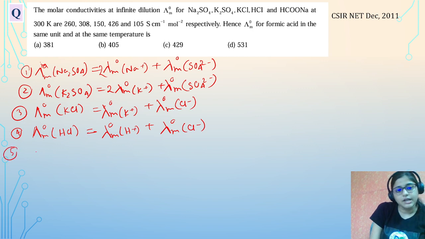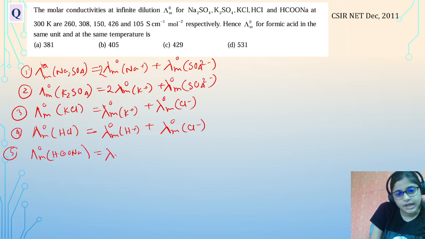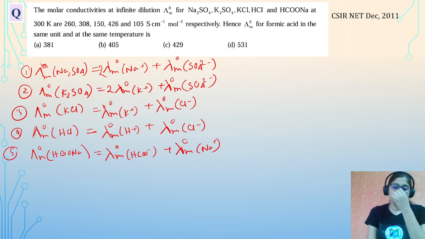The fifth, the last one, is delta M0 of HCOONa equal to lambda M0 of HCOO minus plus lambda M0 of Na plus.